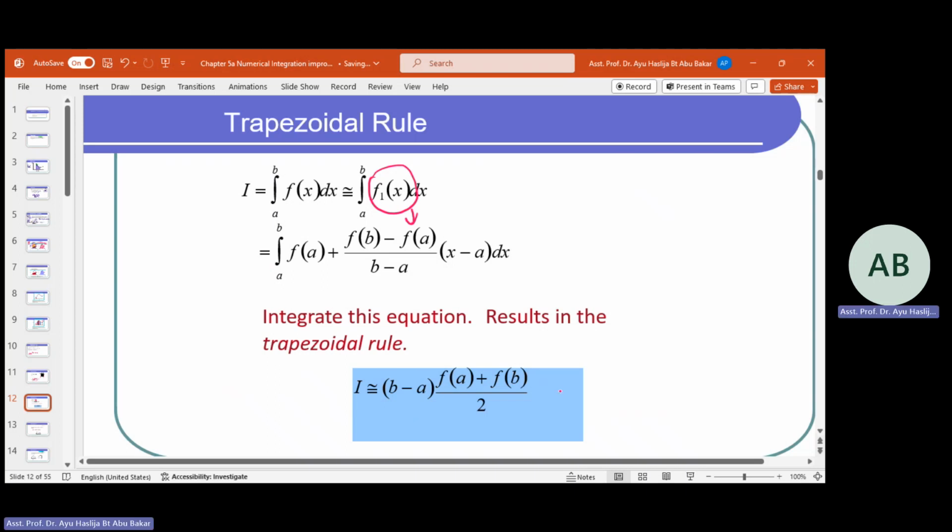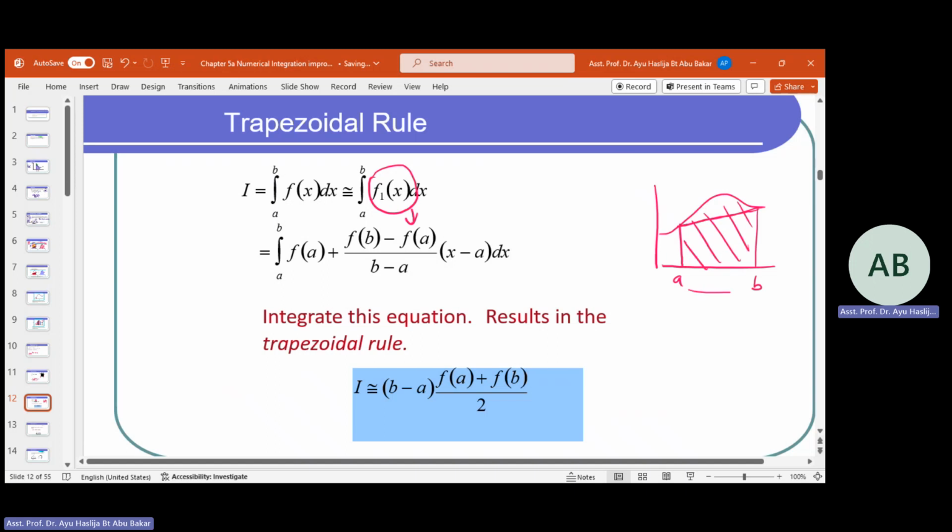This comes from the trapezoid formula to find the area of the trapezoid. Okay, where b minus a, this area.